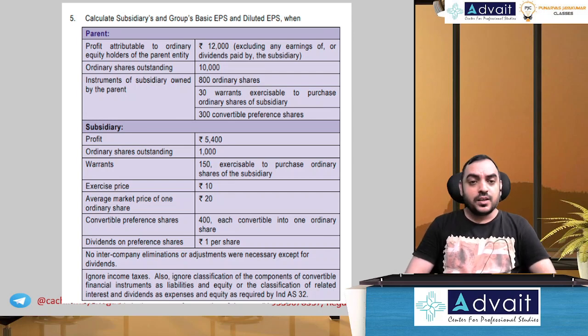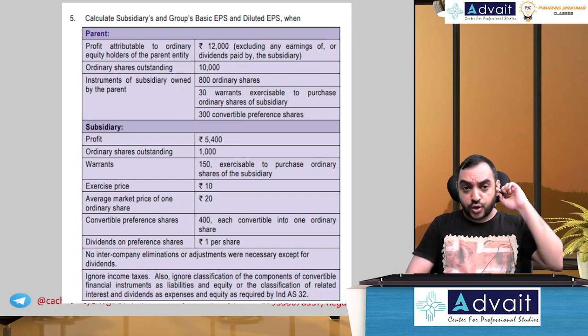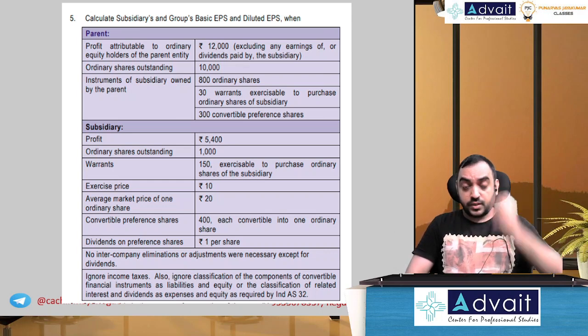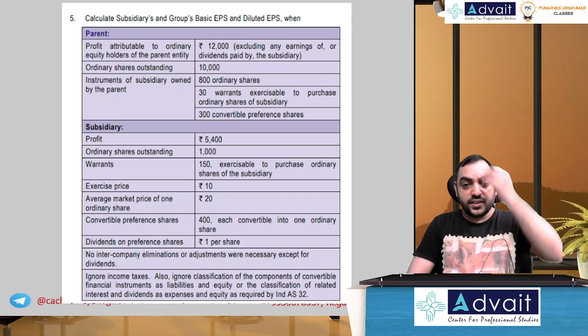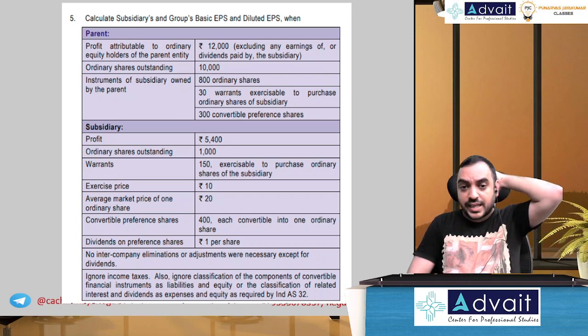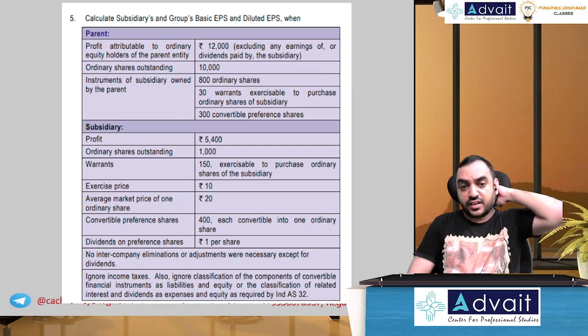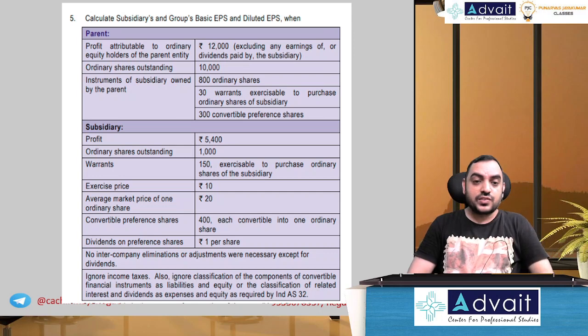Let us read it. Calculate the subsidiary's and group's basic EPS and diluted EPS. Parent company profit attributable to ordinary equity shareholders 12,000, excluding any earnings or dividends paid by subsidiary, ordinary shares outstanding, instruments of subsidiary owned by parent: 800 ordinary shares, 30 warrants exercisable to purchase the shares of subsidiary, 300 convertible preference shares.